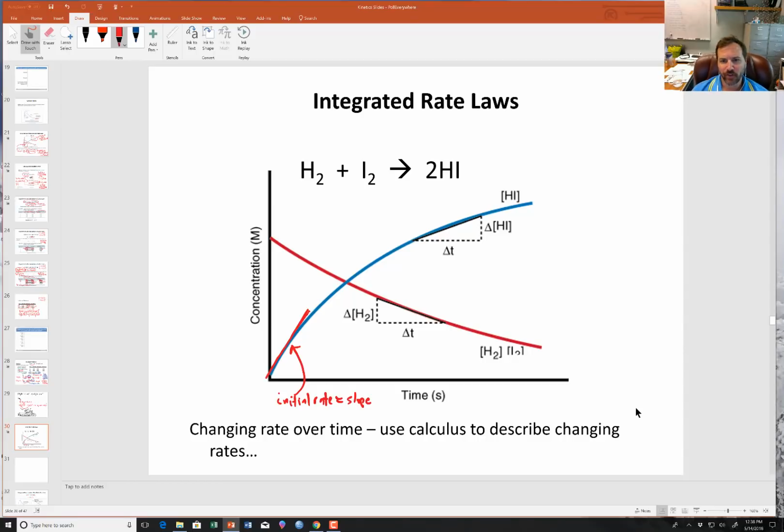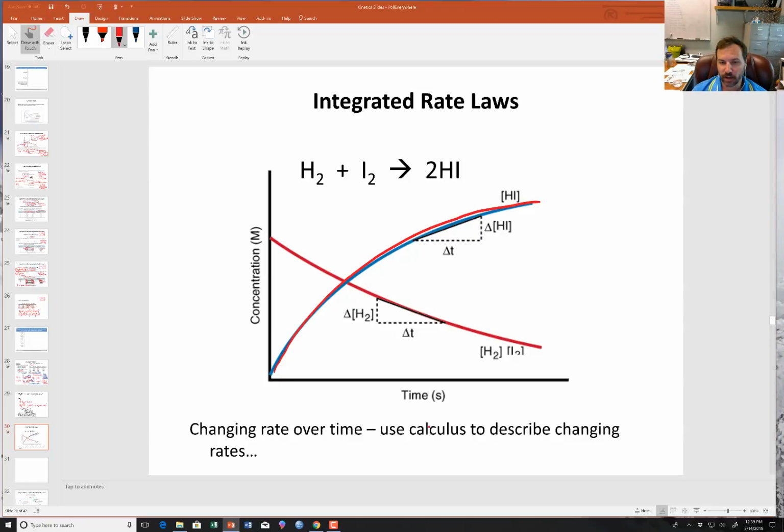Now though, we want to focus on what's happening to the rate over the entire course of the reaction. So if we look at the graph now over the entire time frame, we can see then that we have this rate that changes over time.